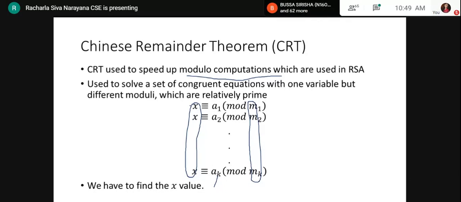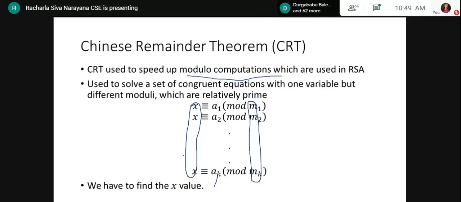So when x is divided by m1, we get remainder a1, and the same x divided by some other number m2, we get a2 as the remainder, and so on. Same x divided by mk, we get ak.